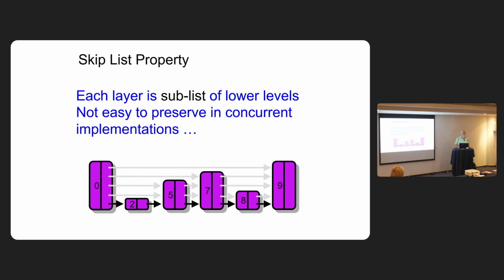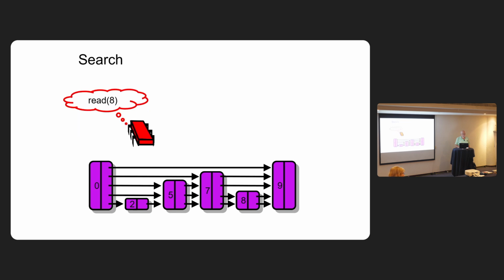This invariant, it turns out, is not that easy to preserve in current implementations. Here's, for example, how a thread asks, is 8 in this list? It goes to the top and goes along the top level list, and it runs into 9 and says, well, 9 is larger than 8, so I overshot. I went too far.